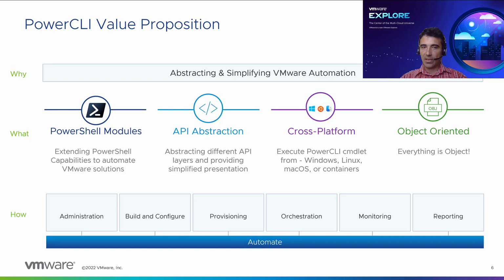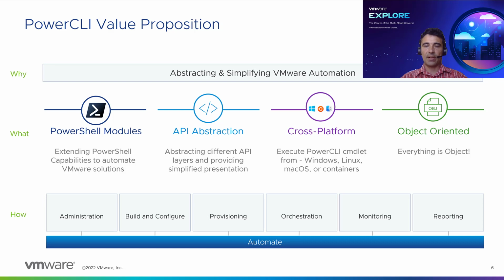And of course, PowerCLI is an API client, so it uses the APIs of the VMware products to actually interact with those products. But it also adds a layer of abstraction on those APIs, and this layer abstracts the complexity of the APIs.